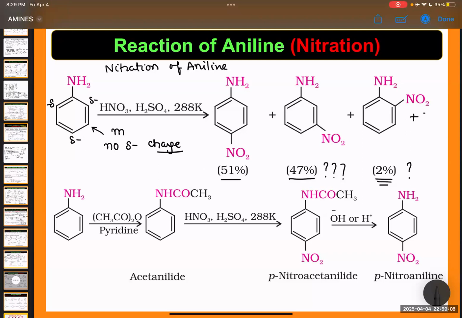Actually, a lot of tarry products also form. A lot of oxidized products get formed because HNO3 is an oxidizing agent. It oxidizes the aniline. So overall yield is very low because of the high electron density of aniline.